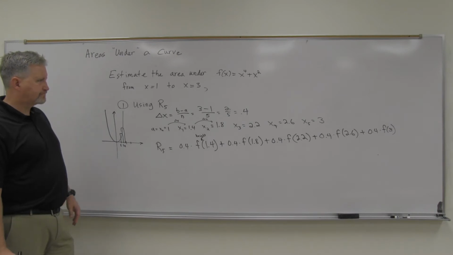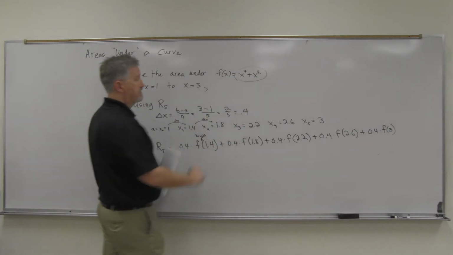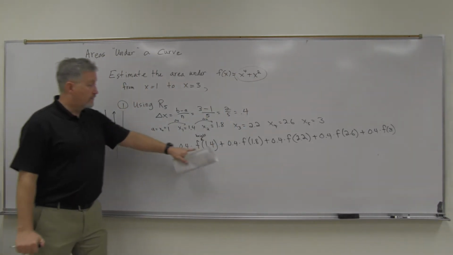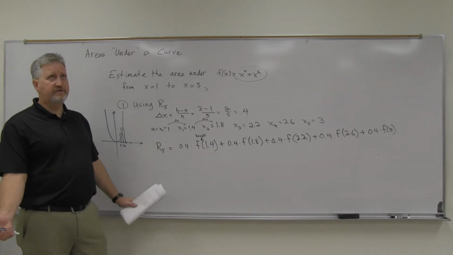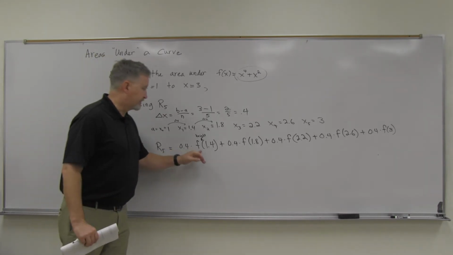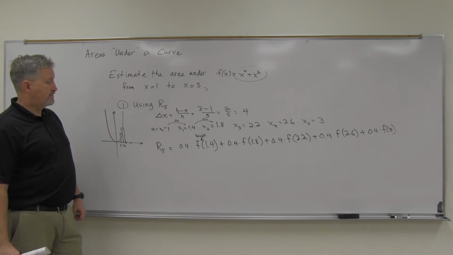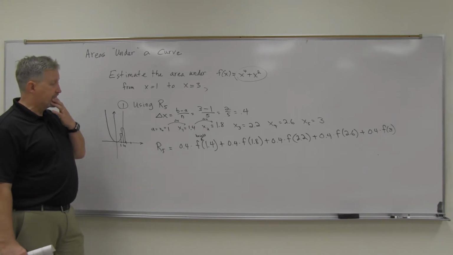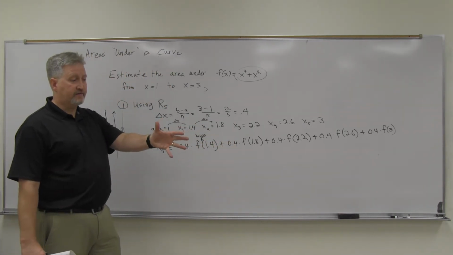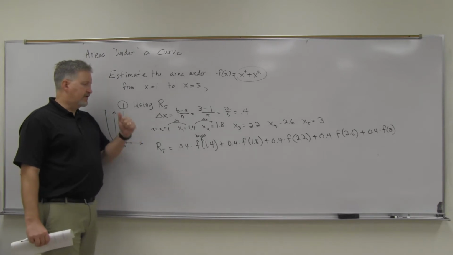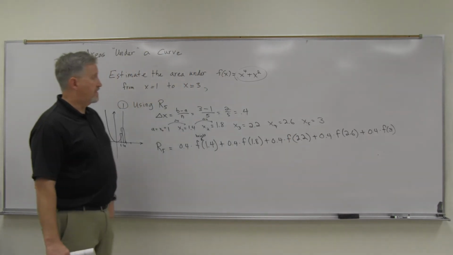All right. Now, actually computing those heights, here's our function, the expression for it: x to the fourth plus x squared. There are several ways to get the function value. You can plug it in by hand, or you can use the graph. If you use the trace feature on the TIs, I think the Casios have it too, you can plug in 1.4 and it'll give you the height that way.